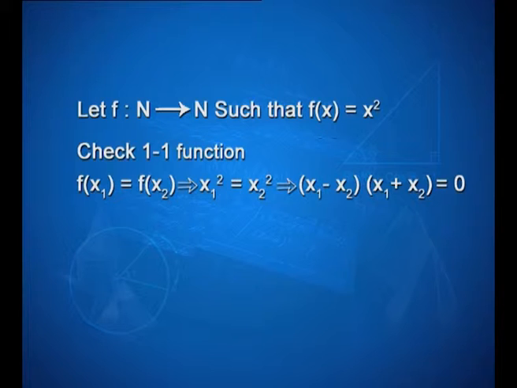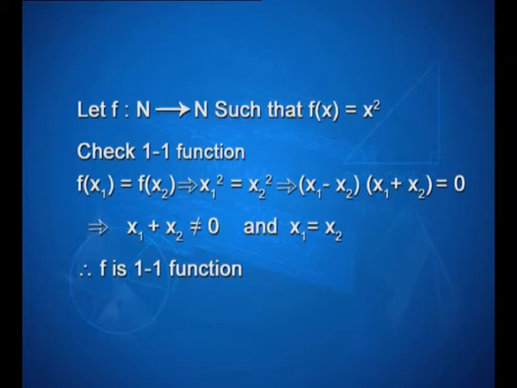We factorize it, means (x1 − x2)(x1 + x2) = 0. x1 + x2 cannot be 0 because the sum of 2 natural numbers cannot be 0. Therefore, x1 = x2. Now, we are taking f(x1) = f(x2) and x1 is coming equal to x2. Therefore, f is a 1-1 function.